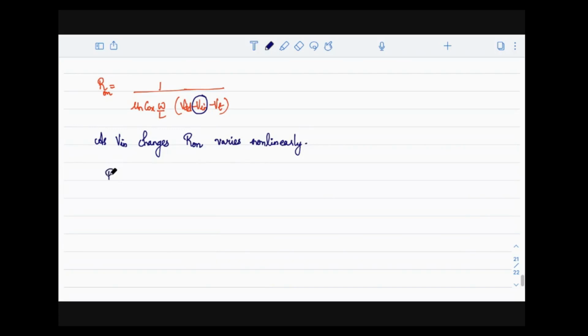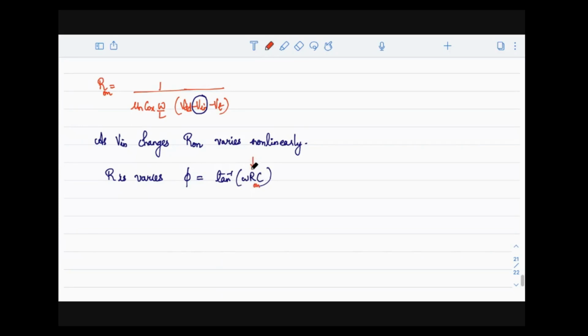Now, if R is varying, and you have a signal coming to the sampling circuit, the sampling circuit will also offer a phase shift. What will be the phase shift of this simple RC network? It will be tan inverse of omega RC. Whenever I write R, actually it is R on.